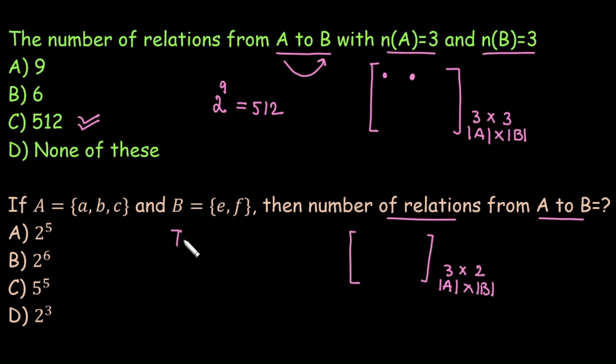So total entries are 6, because 3 as a first column and 3 as a second column. Now the number of relations means each element can be part of the relation or not. Again two choices, so 2 raised to power 6 is the answer in this case.